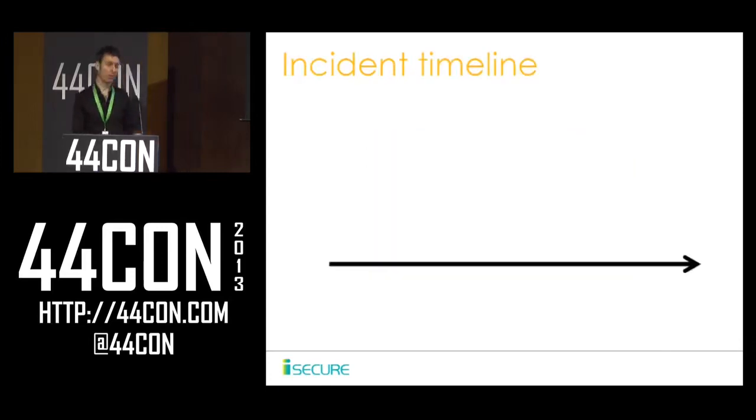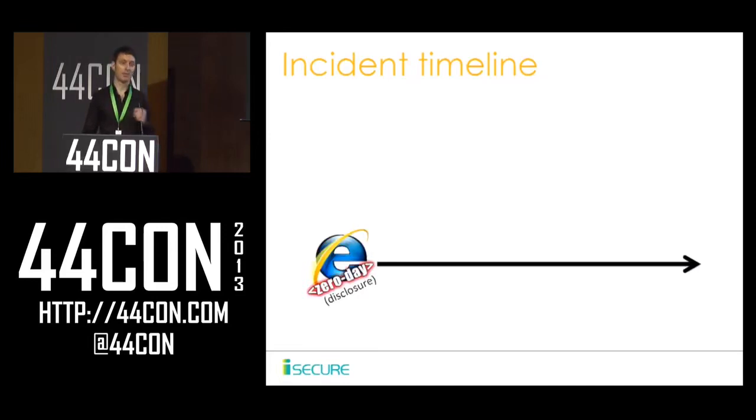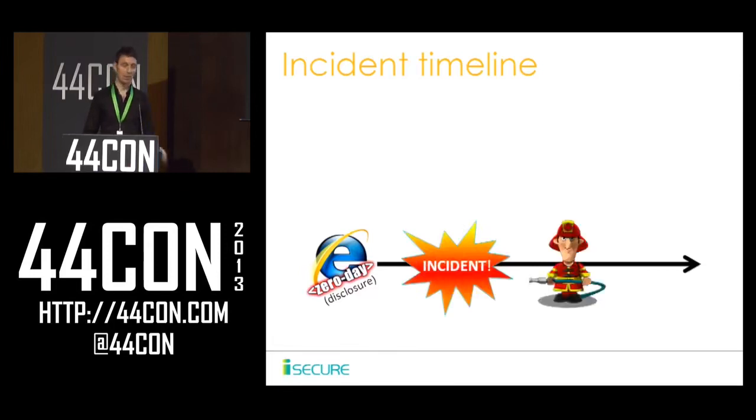So you get an incident timeline, usually that looks something like this. Okay, there's the 0 day, it's disclosed, it's out there. After a while, there's an incident. The incident responders come, and then you patch it eventually, hopefully. Might be more than one incident, but the thing is that very few people are doing any sort of reacting before the incident.